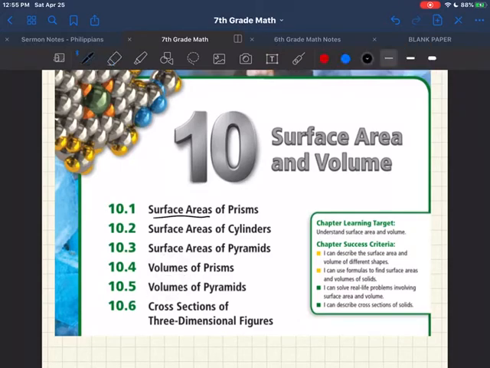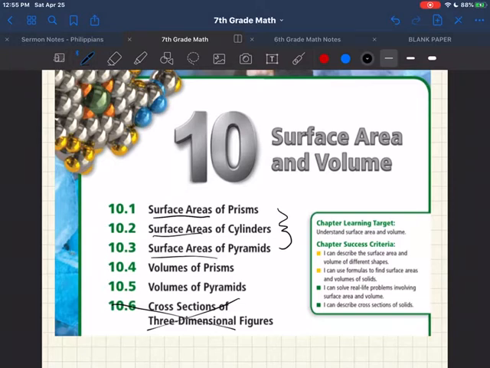By the way, we're not going to be doing 10.6. So you can expect for this week, here's how it's broken up. We are going to do these three, because they are all surface area.